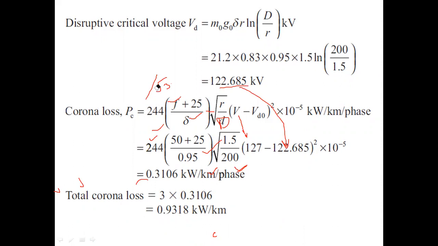This is the power loss in kilowatts for a 1 kilometer transmission line. If the length of the transmission line is 100 or 50 kilometers, we have to multiply it with the corona loss value, so that we get the power loss for the whole transmission line.